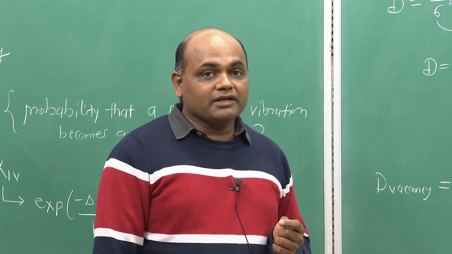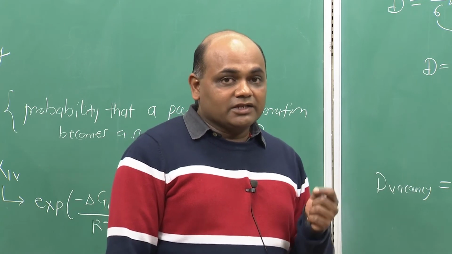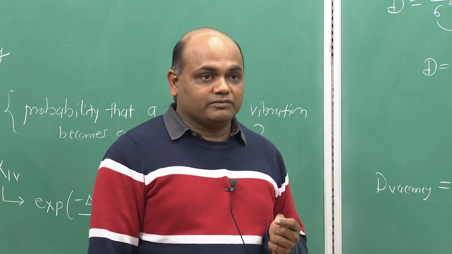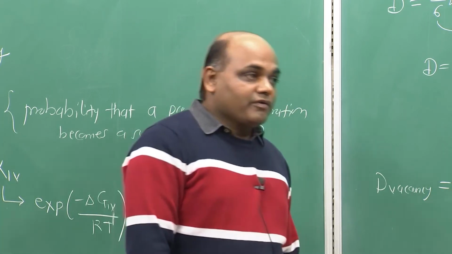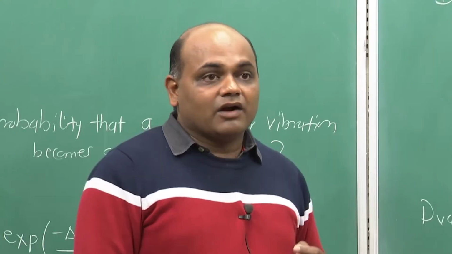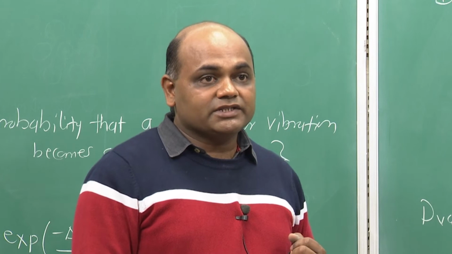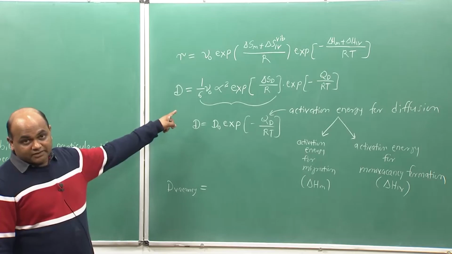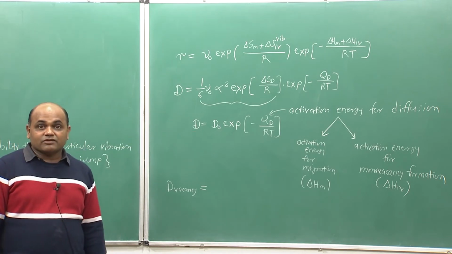The probability that a vacancy is on a nearest neighbor site to a vacancy is very low. So, at any given instance, a vacancy has 12 nearest neighbor sites onto which it can jump, unlike an atom, which can jump only if one of the nearest neighbor sites is vacant.